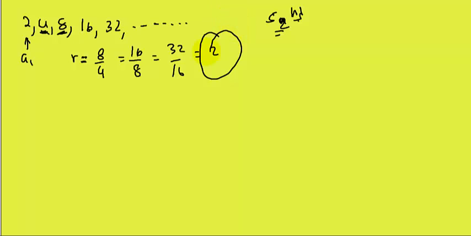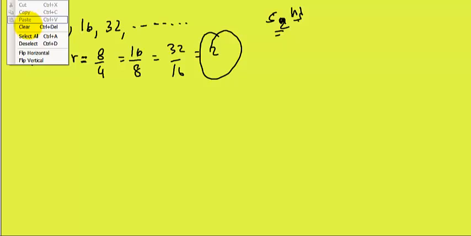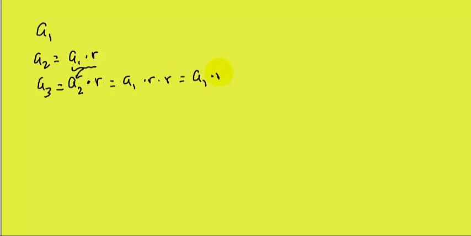Well, we like to have a formula, so we're going to come up with a formula, and here it is. A sub 1 is the first term, a sub 2 is the first term times some ratio, and a sub 3 is a sub 2 times a ratio, but a sub 2 is really a sub 1 times r, so it would be a sub 1 times r squared.